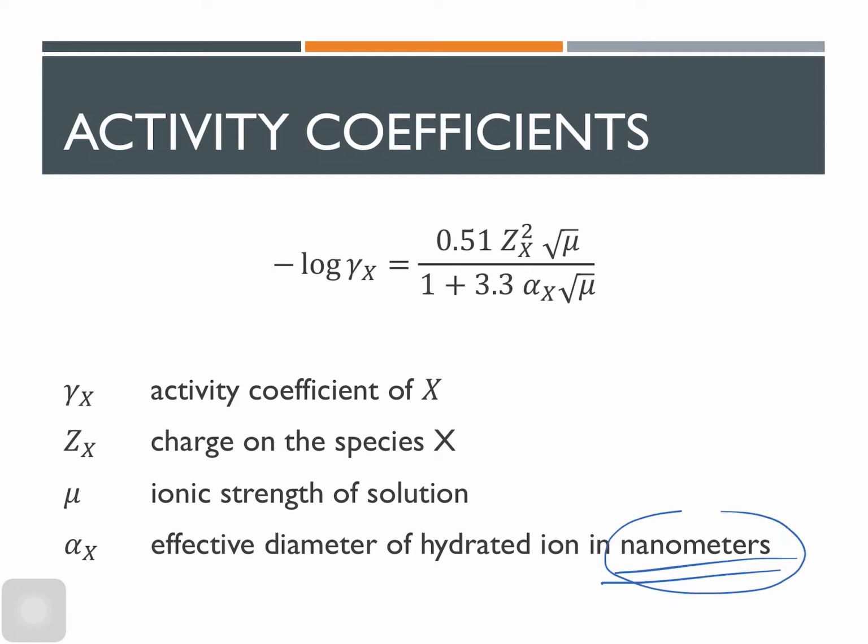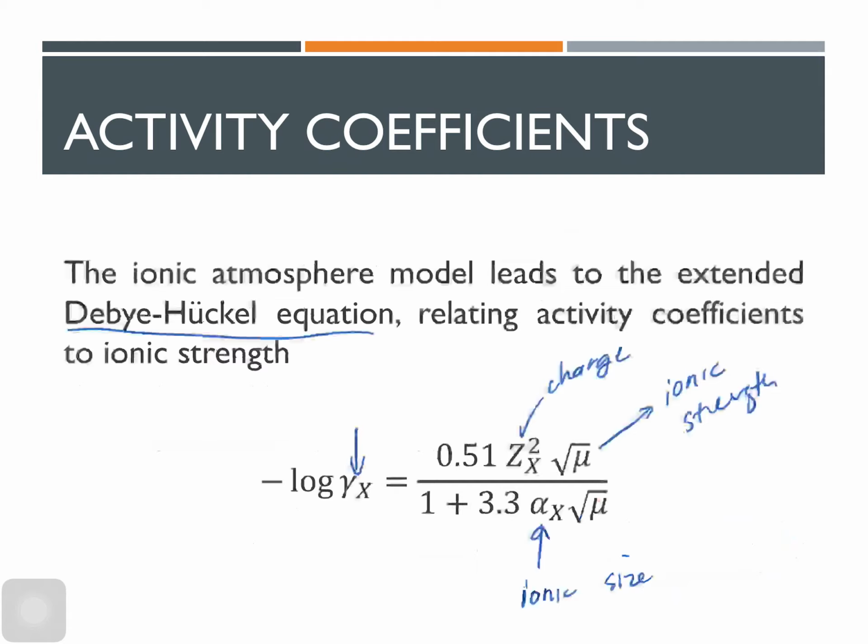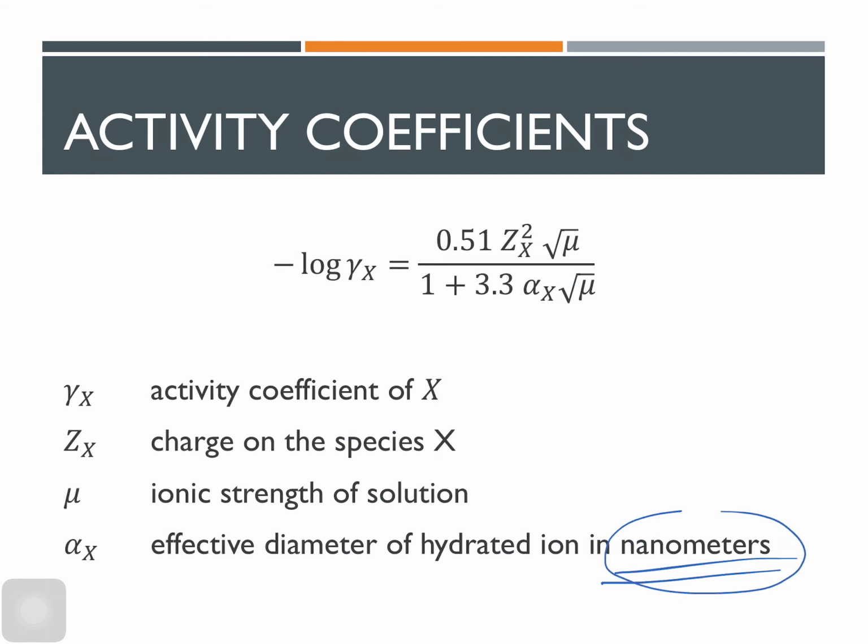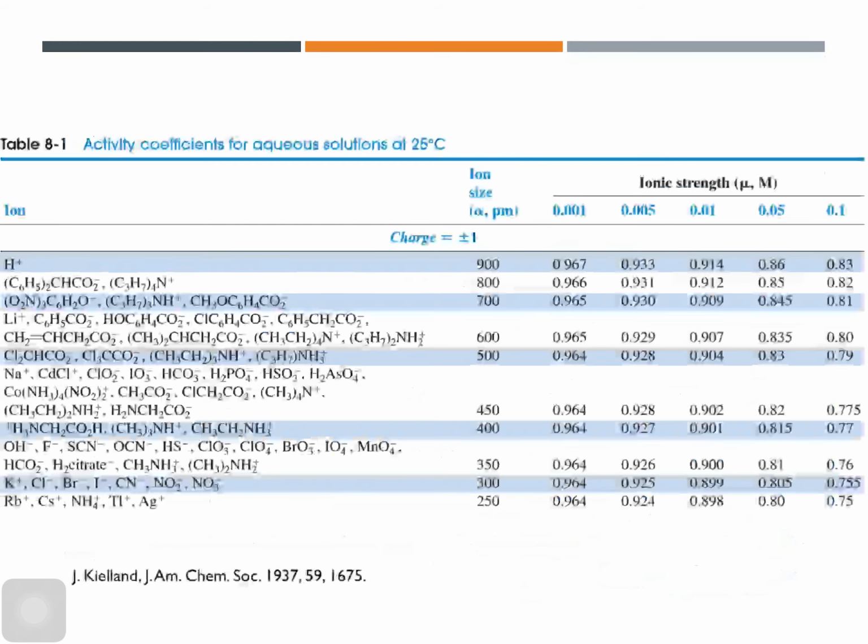As you can see, looking at the Debye-Hückel equation, it seems so intimidating, right? Anyway, we have to thank the researcher Kielland. Thank you, Kielland, because this person actually tabulated all the activity coefficients that we need given a certain ionic strength.